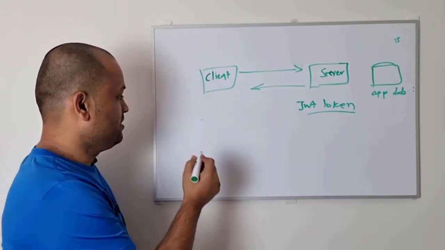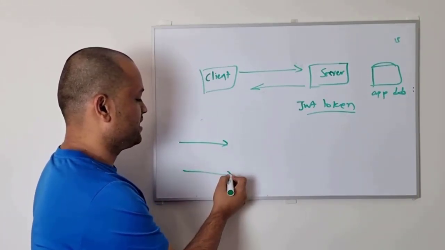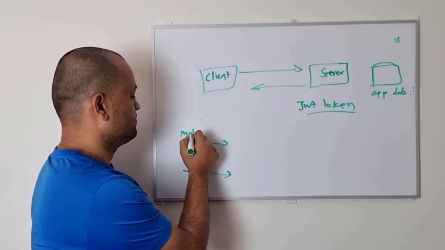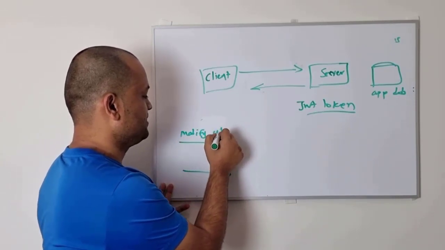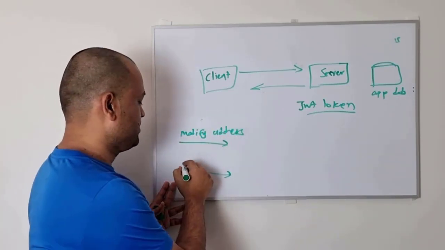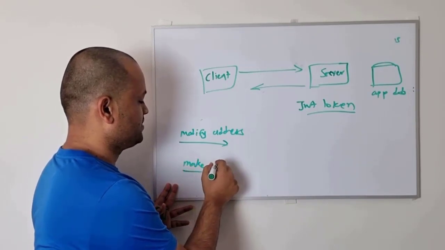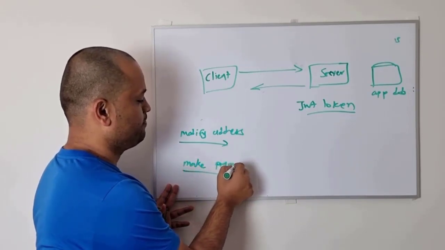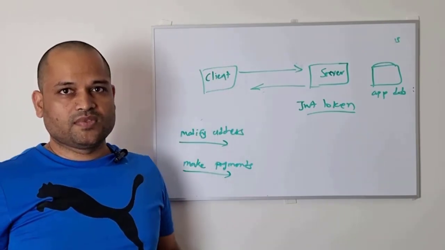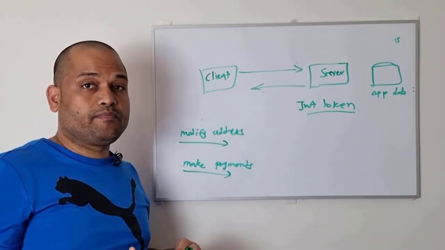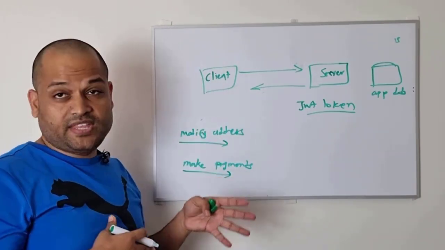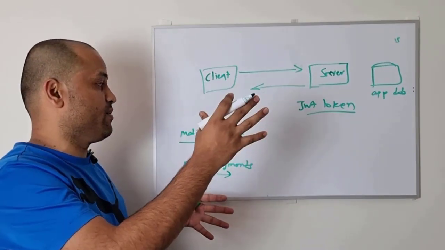And now let us take two hypothetical examples again, like modify the address. This particular user wants to modify the address, and let us say make the payment. Same examples that we did for the server side sessions. Once the client gets that JWT token, now in every request, that JWT token will be sent to the server through the cookie.